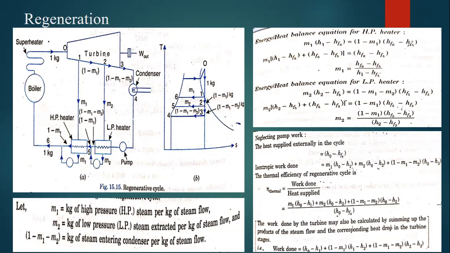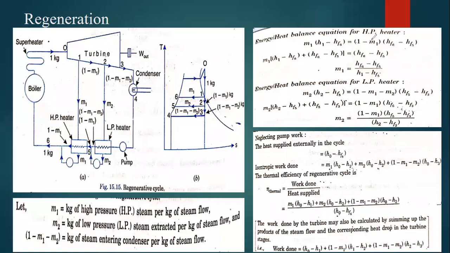I have taken 1 minus M1 as common, so I have 1 minus M1 into HF6 minus HF5. Now take all M1 terms to the LHS. Multiply this with 1, so we have HF6 minus HF5 minus M1 into HF6 minus HF5.